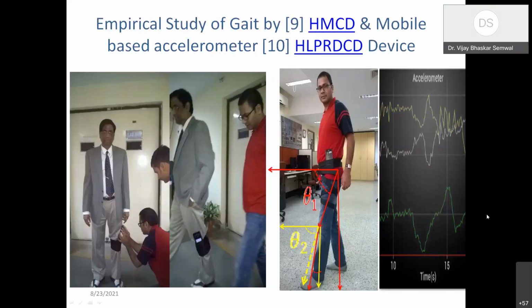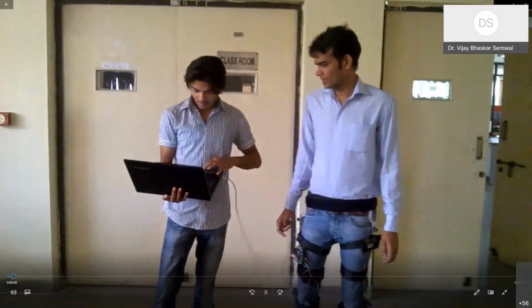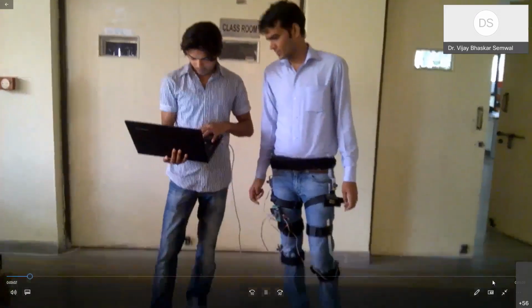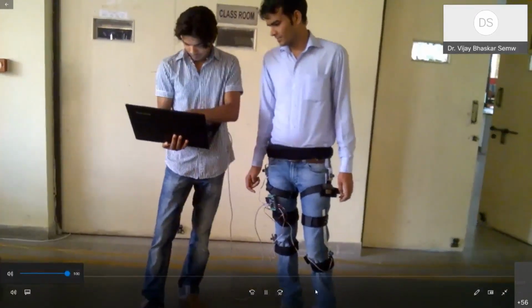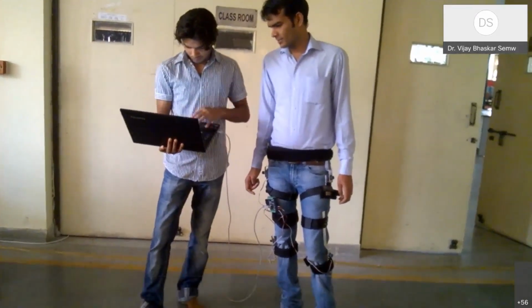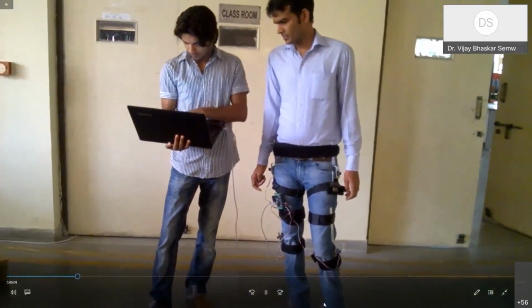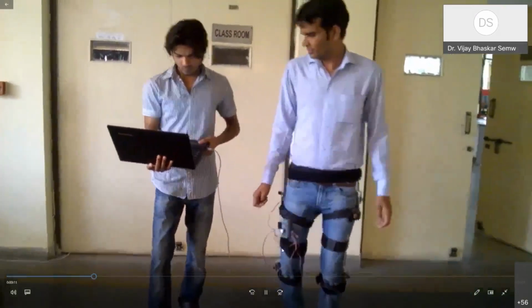Now, I think Professor Nandi may have already shown these videos, how we have collected data for human gait using another famous technique. This suit is designed with 8 accelerometers, potentiometers, and one Arduino board. All potentiometers are connected with the Arduino board, and it is connected through a wire, through USB, to the laptop.